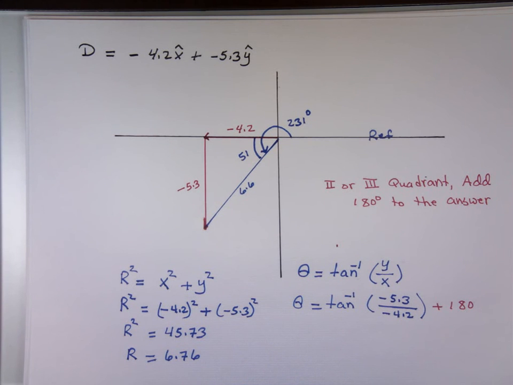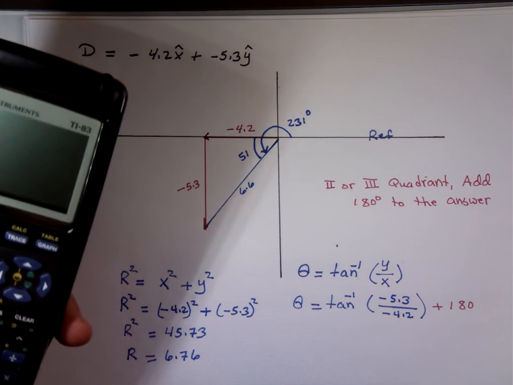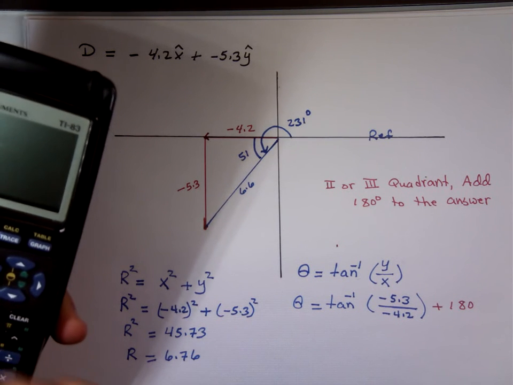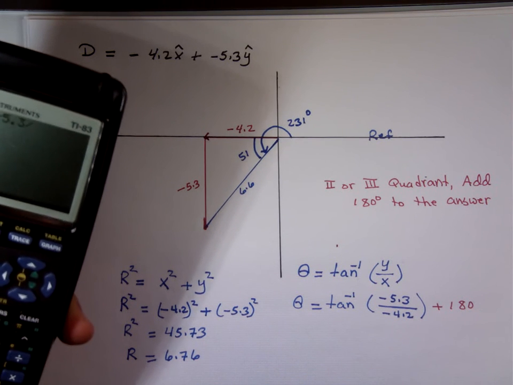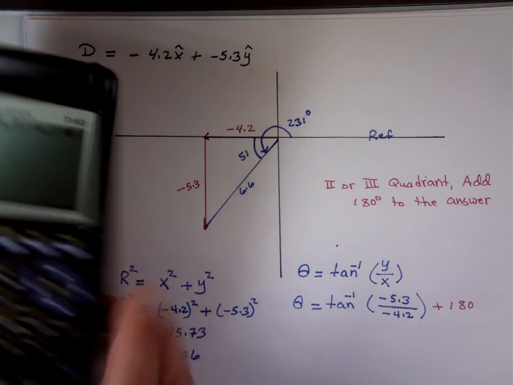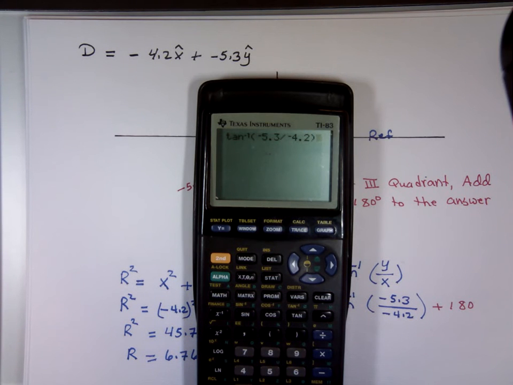So let's see what the calculator gives me. This will give me a 51, watch. Inverse tangent, negative 5.3 divided by negative 4.2. See that? Here we go. That's the inverse tangent. It should give me 51 degrees. Yep, 51.6.